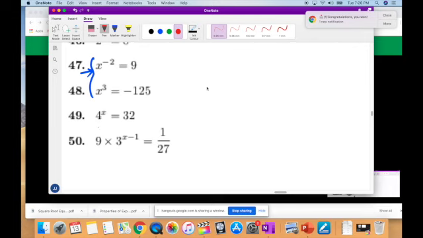So 4 to the power of x is equal to 32. Can 32 be expressed in terms of 4? 4 fours are 16. 16 times 4 is 64. So 32 cannot be expressed in terms of 4.